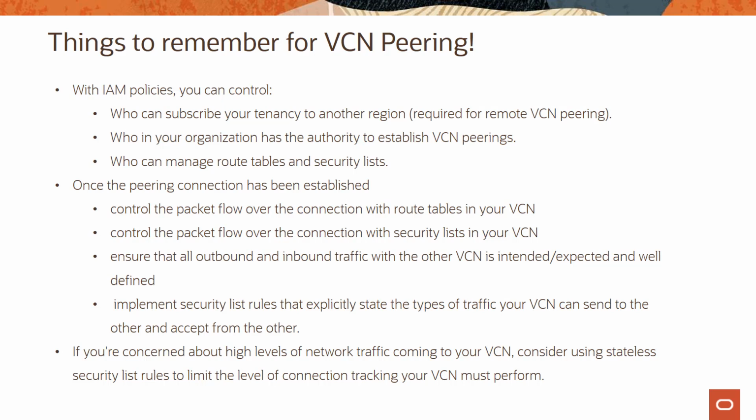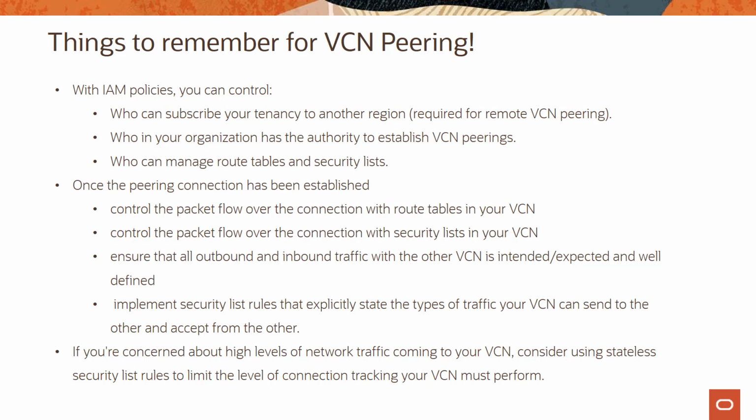For example, you can restrict traffic to only specific subnets in the other VCN. Also, without terminating the peering, you can stop the traffic flow to the other VCN by simply removing the route rules that direct traffic from your VCN to the other VCN. You can also stop the traffic by removing any security list rules that enable ingress or egress traffic with the other VCN. This doesn't stop traffic flowing over the peering connection, but stops it at the VNIC level.